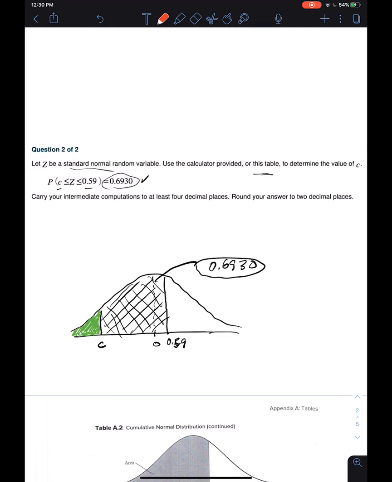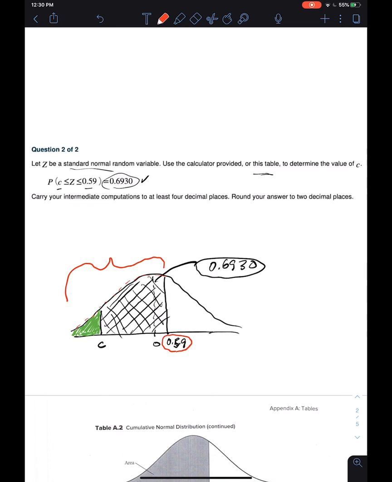Now, how am I going to get that green area? If I look that up right there, that's going to give me the area under the curve here, which is going to give me this area.